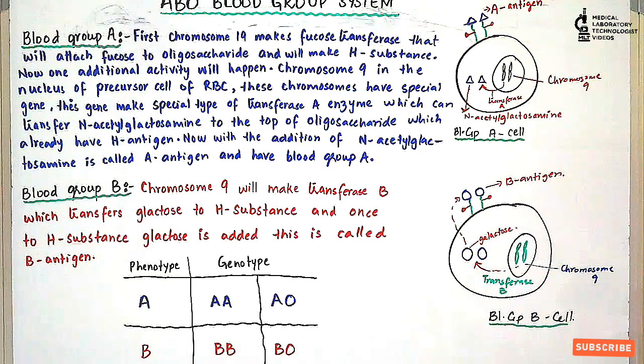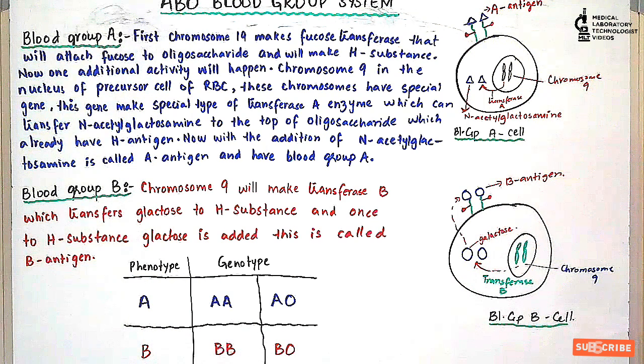When N-acetylgalactosamine is added to the oligosaccharide, it is called A antigen. Means, when is A antigen formed? A antigen is formed when transferase A attaches N-acetylgalactosamine to the oligosaccharide that already has H antigen.